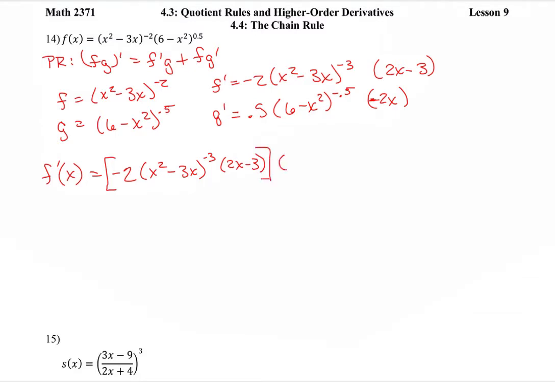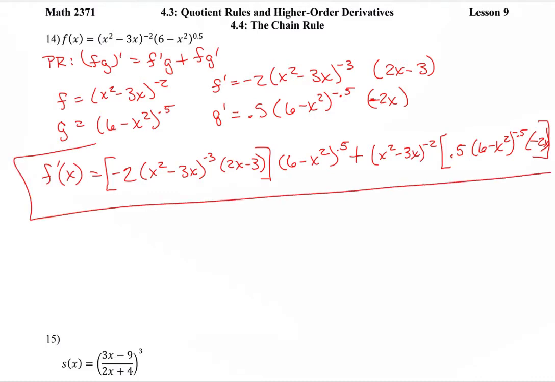Close that bracket, times x times (6 minus x squared) to the 0.5, plus (x squared minus 3x) to the negative 2 times 0.5 times (6 minus x squared) to the negative 0.5 times negative 2x. And again, that's your answer.